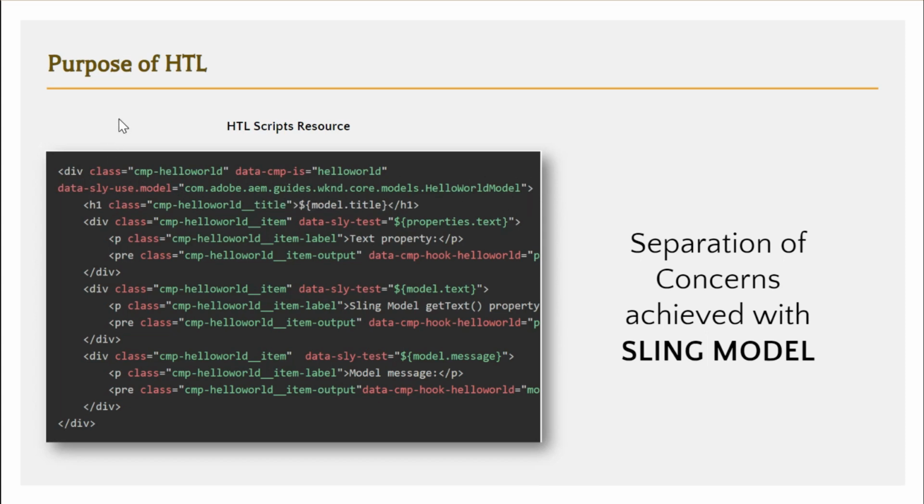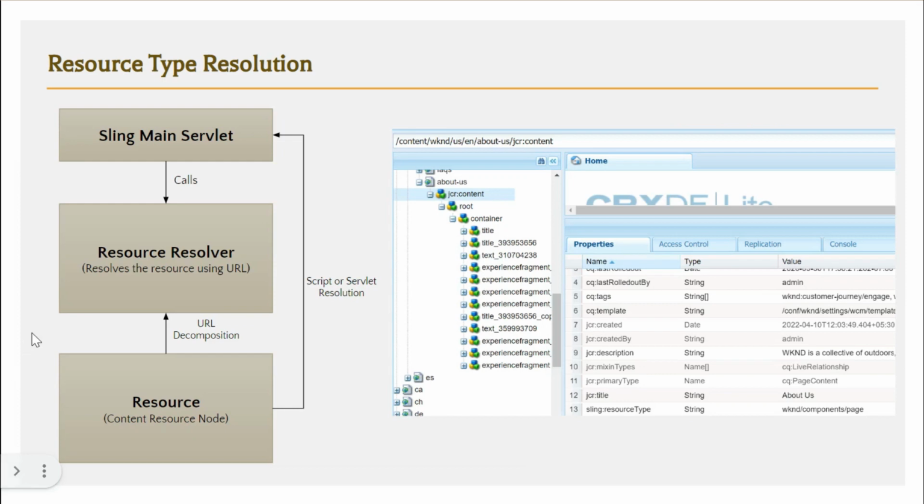Now, as I told, this particular code is being executed by a servlet internally. So whenever that servlet sees this particular path, it will again call the resource resolver to identify the script.